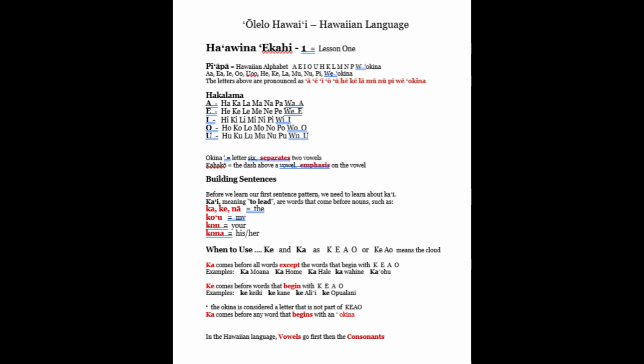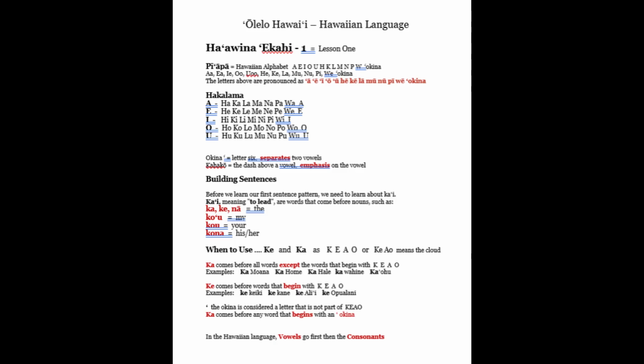So when to use ke and ka is when certain words begin with the letters K, E, A, or O. So for example, ka moana, ka home, ka hale, ka wahine, ka ʻohu. Those do not begin with K, E, A, and O. But ke keiki, ke kane, ke aliʻi, ke opualani.